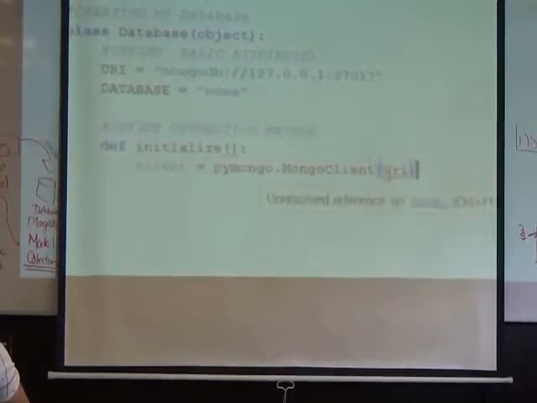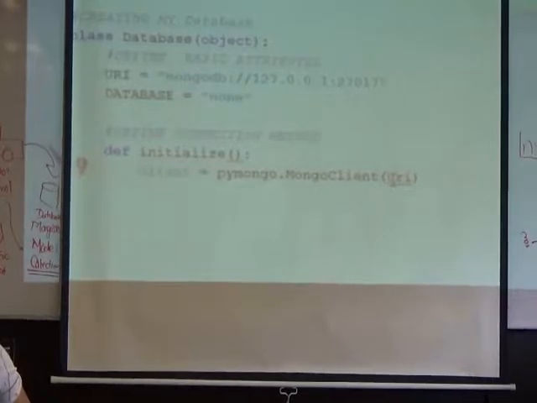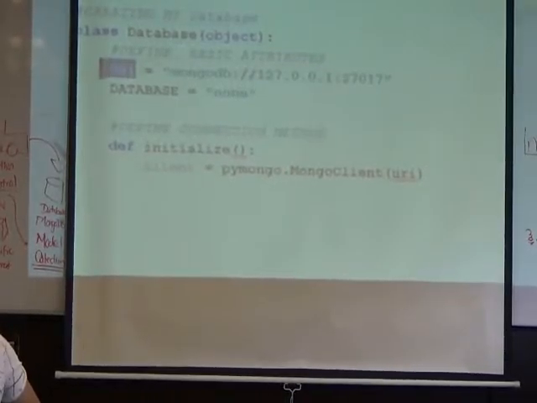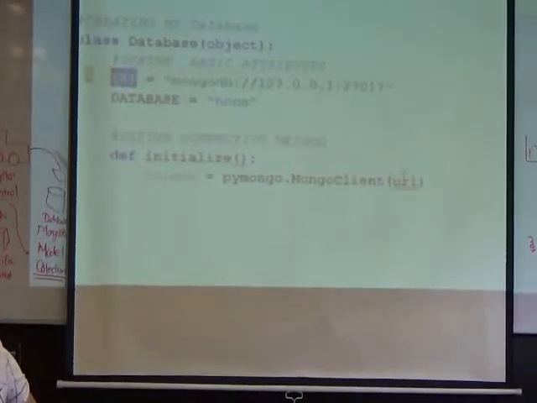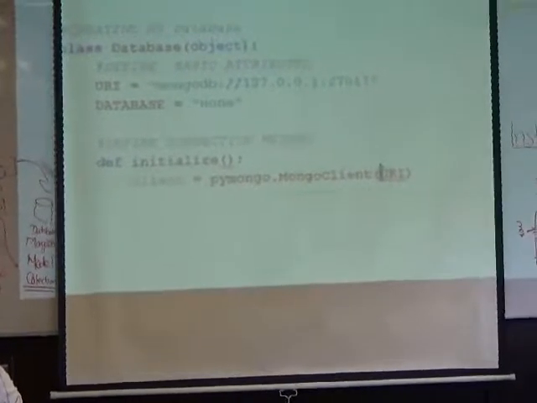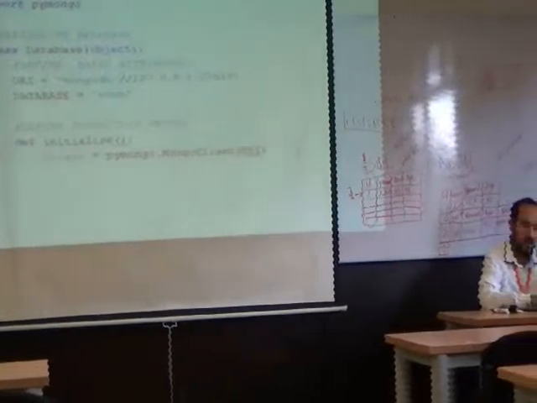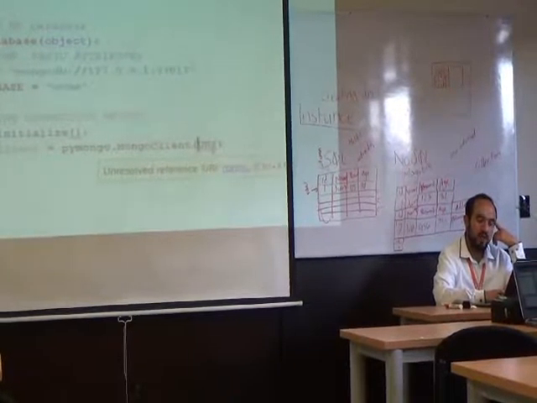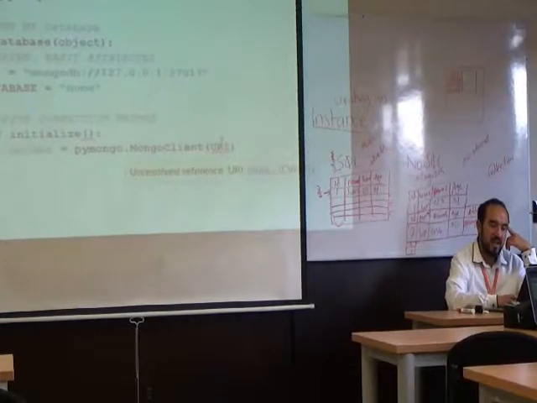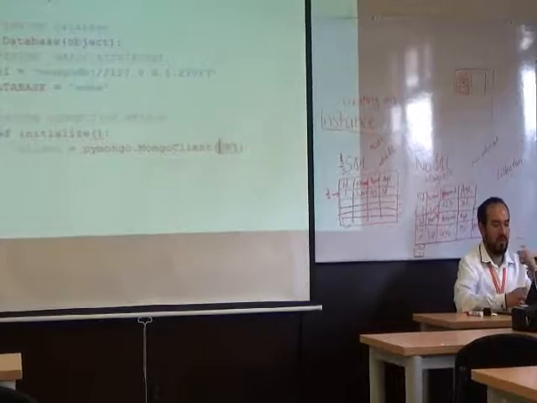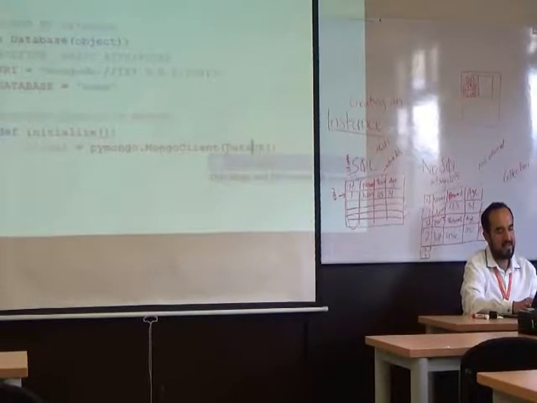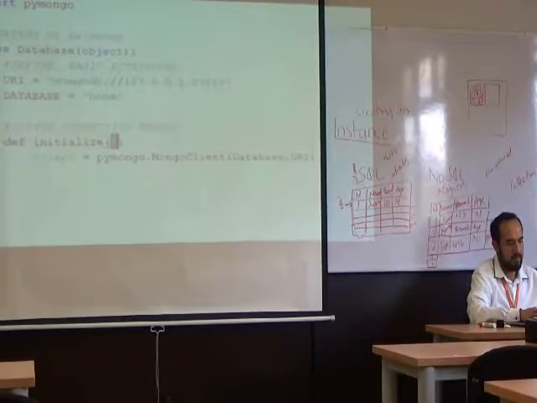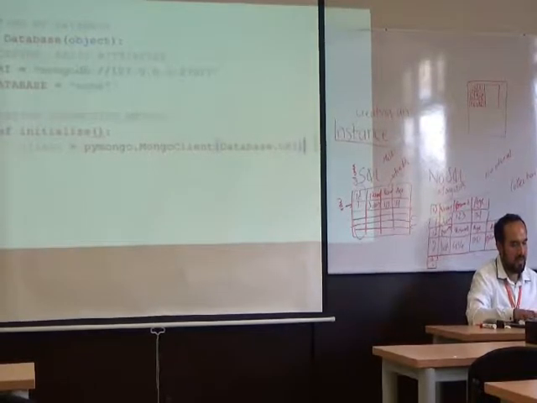But instead of the URI, okay, what I have to put is this URI, because this is my attribute. However, it's marking an error because in Python I have to define which class this attribute belongs to. So the class is Database.URI. Right? And now the mistake is gone.